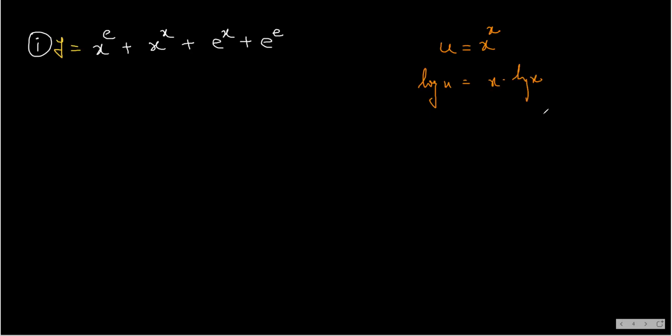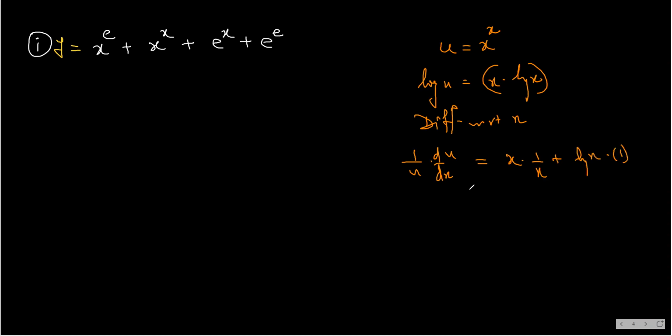Differentiating both sides with respect to x, this side I get 1 upon u into du by dx, and here by the product rule, d by dx of x log x is x times the derivative of log x plus log x times the derivative of x. Now this x cancels. So I get du by dx equals u multiplied by 1 plus log x.